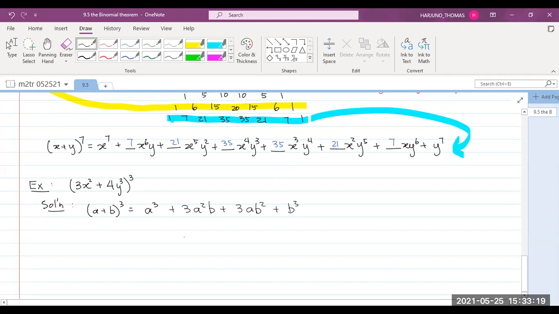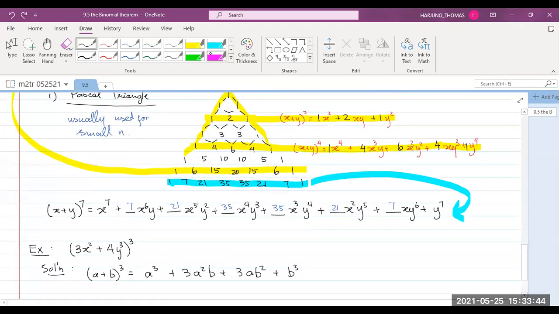Well, the exponents of a go down, and the exponent for b starts from b to the 0, b to the 1, b squared, b cubed. And then the coefficients come from 1, 3, 3, 1 in Pascal's triangle.